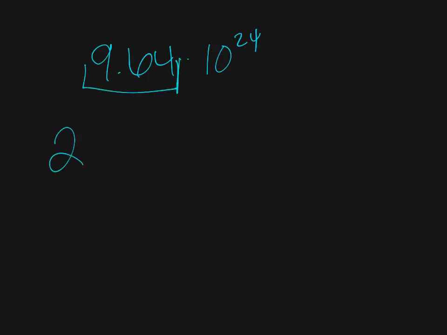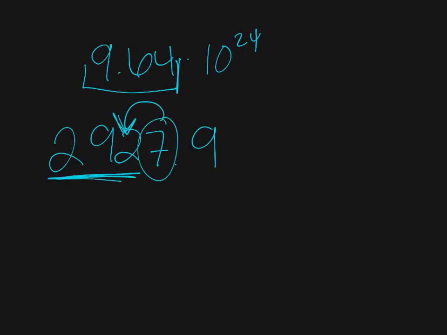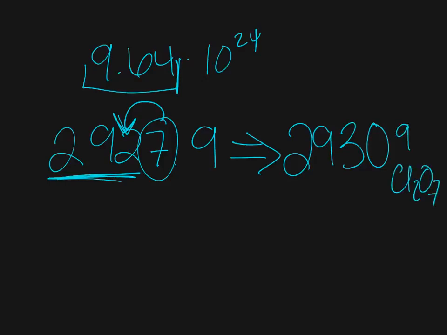So for our original number, 2,927.9, we can only report this to 3 sig figs, which would be these 3, meaning that the 7 has to round over, which would then give us the correct answer of 2,930 grams of dichlorine heptoxide.